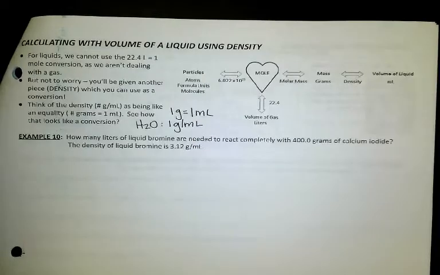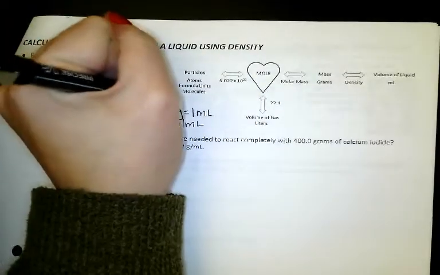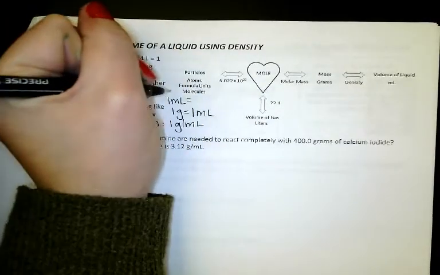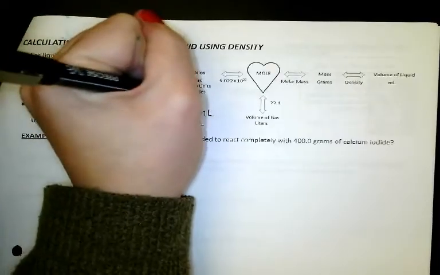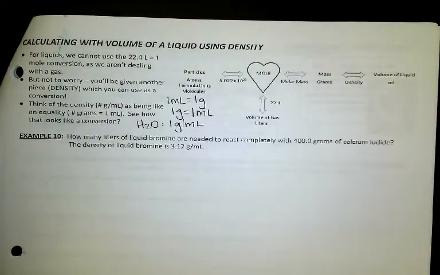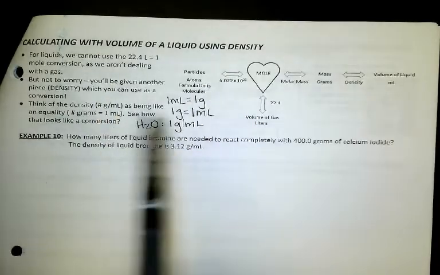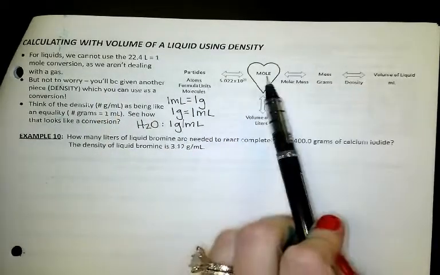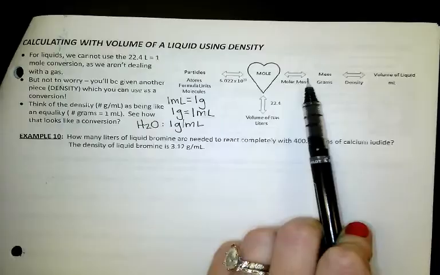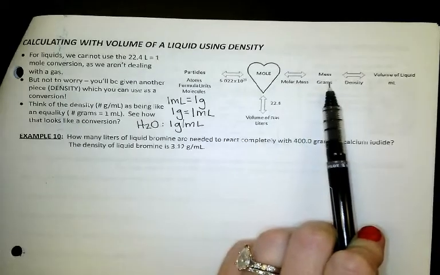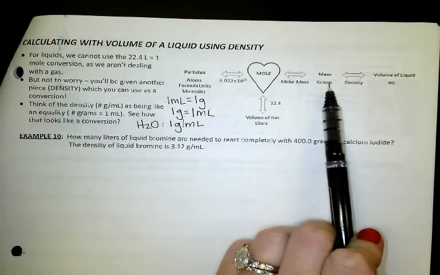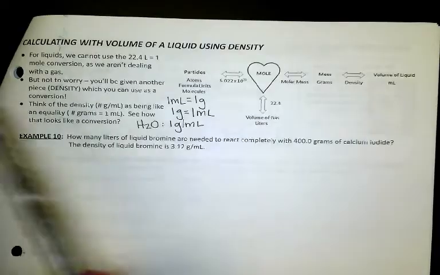If I have 1 milliliter of water and I go over and weigh it in my lab, it's going to weigh 1 gram. So we can use that to convert between grams and milliliters. Okay? So here is a conversion. So we're going to use molar mass to convert from moles to grams. And then we'll use the density to convert from grams to milliliters, using it like a conversion factor.